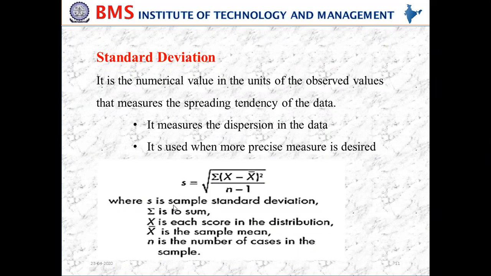So S is the square root of the summation of (x minus x bar) whole square divided by n minus 1. S is called the sample standard deviation, and x is each score in the distribution, meaning each observation. Say x1 is observation 1, x2 is observation 2, x3 is observation 3, likewise. x bar, as I told you, the bar is used for mean, that is, the average.